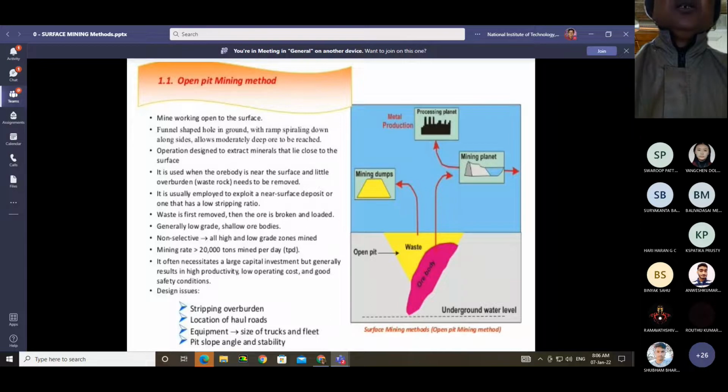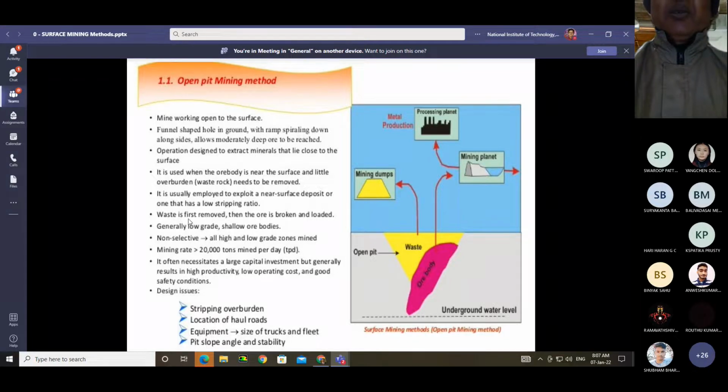It is used when the ore body is near to the surface and there is little overburden waste rock which is to be removed before getting the minerals. This method is usually employed to exploit the near surface, shallow deposits, or the ones that have a low stripping ratio. We'll discuss the stripping ratio afterwards.